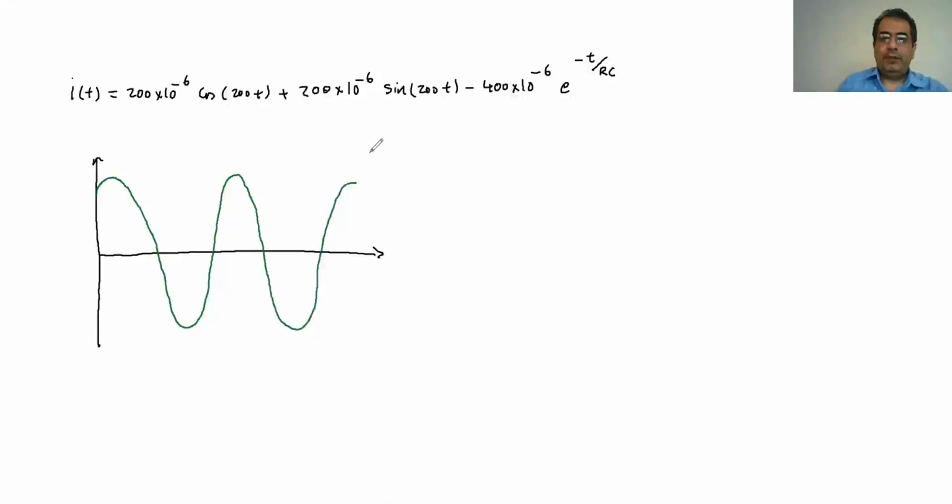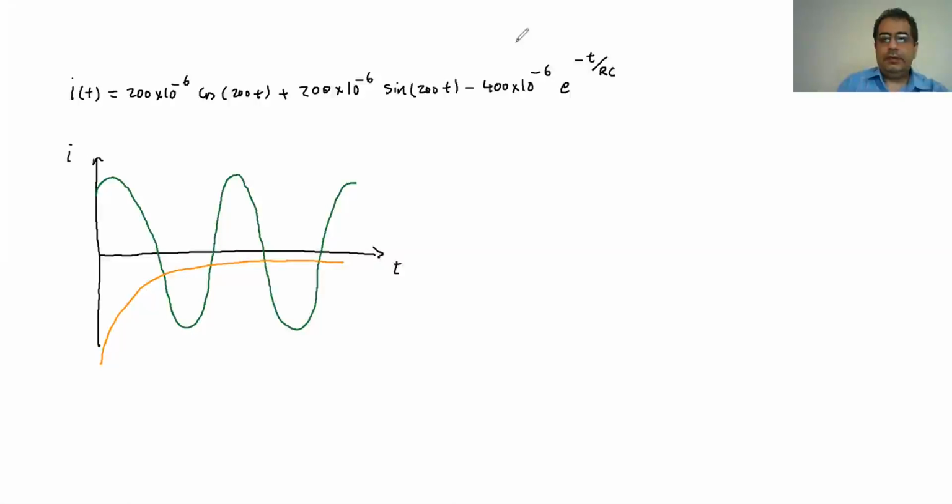And then the second part is going to look like something like that. So this axis is the time, and this is the I.